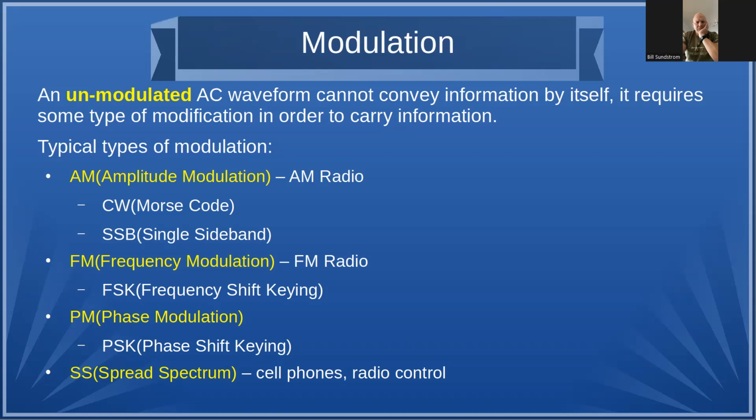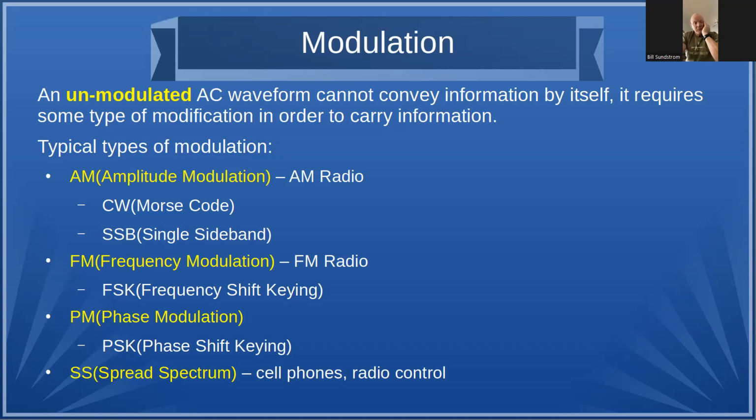Most of the energy in the standard AM signal is going to be in the carrier. Like we said, there's no information really in the carrier. It's in the sidebands. The two sidebands are mirror images of one another. One is inverted from the other frequency-wise, but it's the same identical information. So all the information you really want is in one of the sidebands.